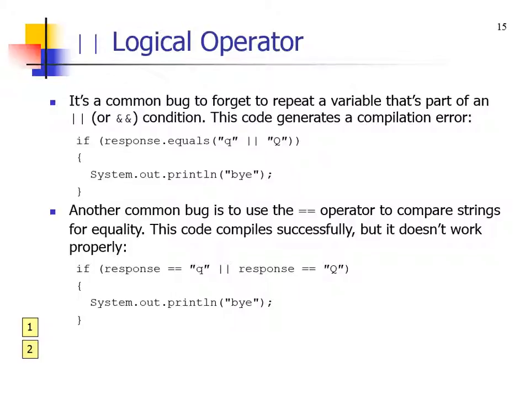You can't do it this way because you have to have that response dot equals. Even though it'll compile like this because you're doing this or this, it would have to end here to make it actually function. It'll compile because these are correct compile statements, but it won't work.